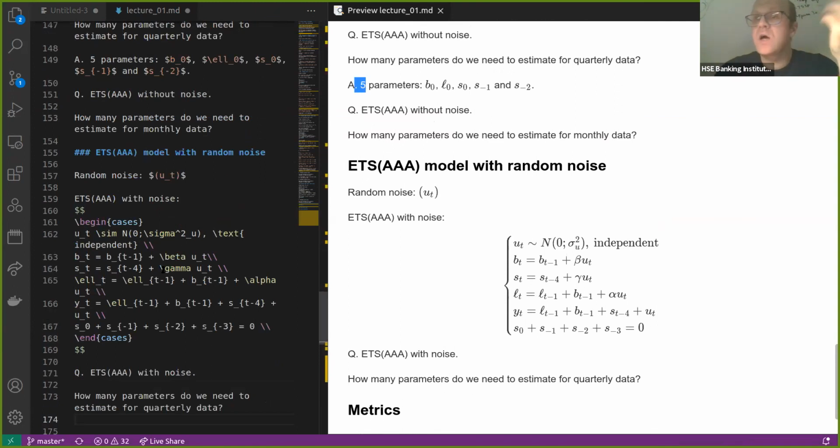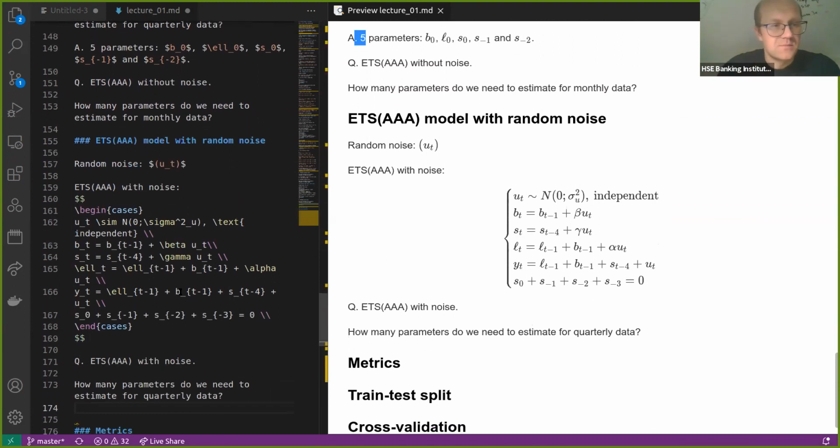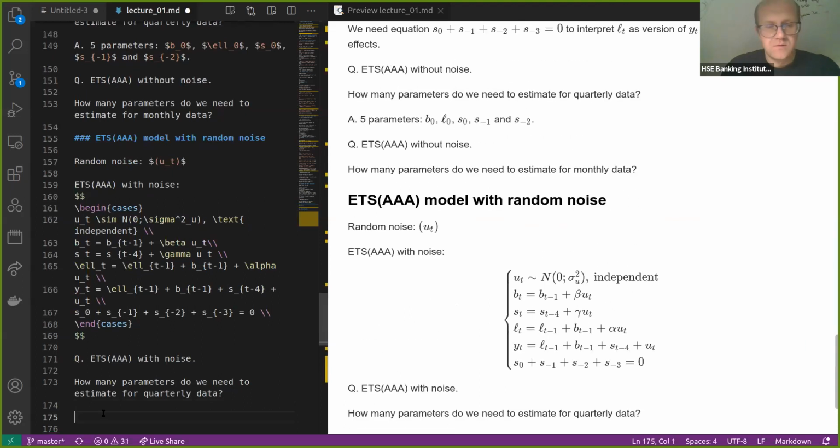And now let's count how many new parameters we have in the equations. So we have 5 old parameters, 5 plus. Who can count? How many new parameters are in our system? Who can name them? What are the new parameters? Alpha, beta, gamma, and who else?